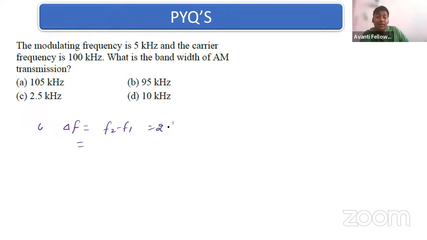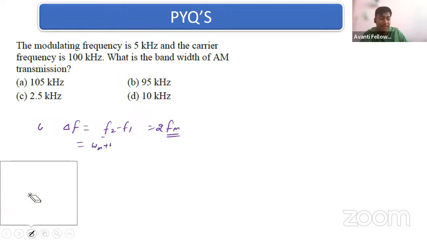I already told you this is twice the modulating frequency fm. If you are not able to find fm here, then use this formula: fc plus fm minus (fc minus fm).